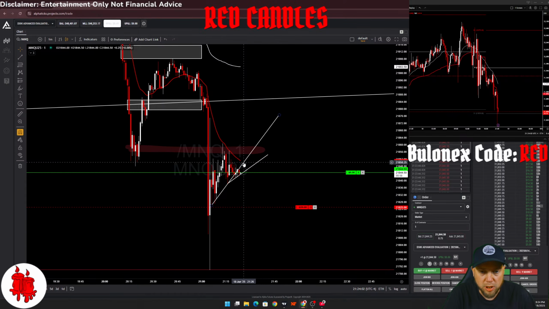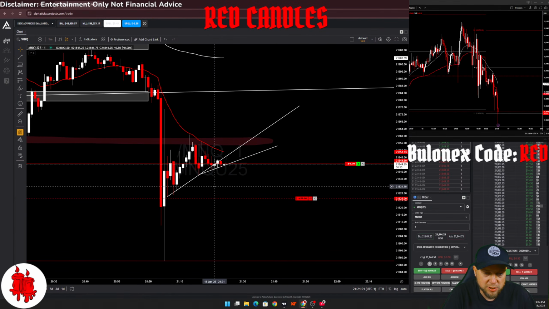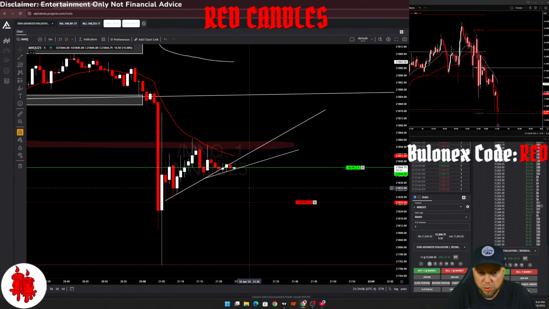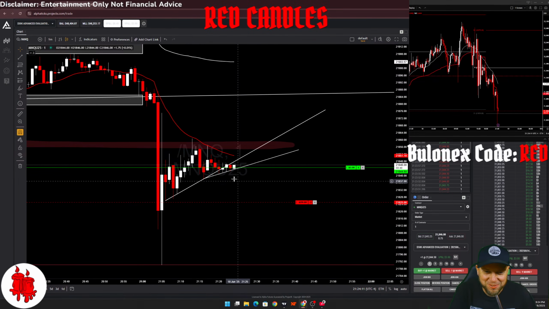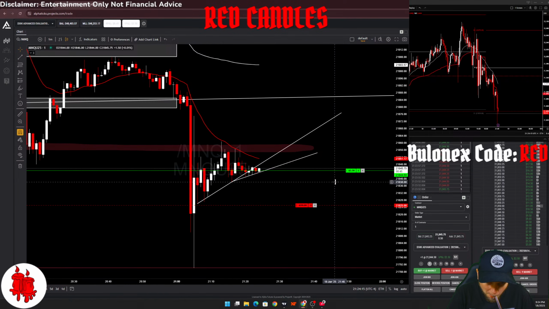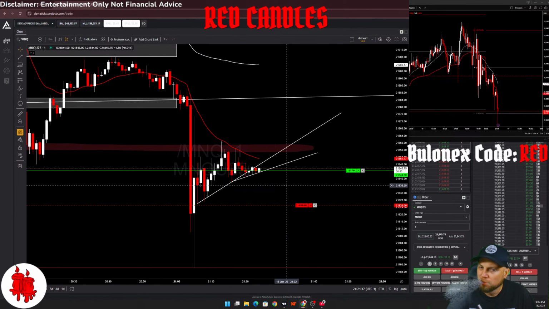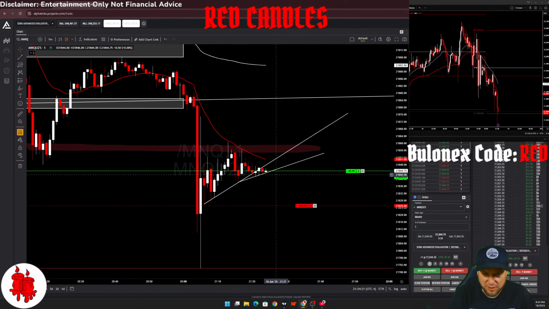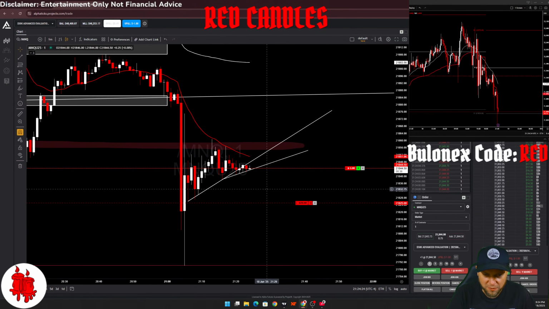The real support line, it's not trustworthy. The moral support line, it's hanging on. That's strong. I'm definitely feeling a lot less confident about this trade, though.